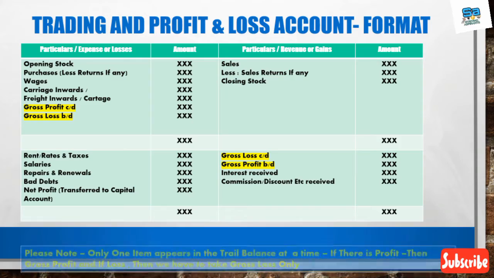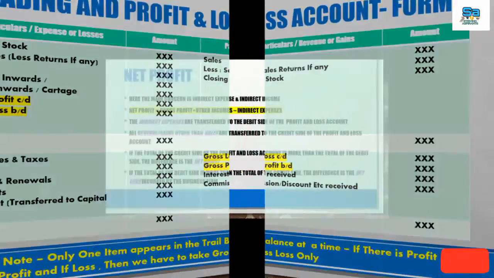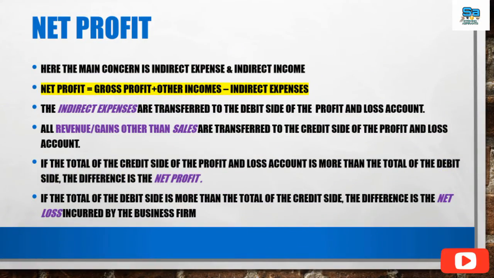Now when it comes to net profit, the important items we consider are the indirect expense, the indirect income and other incomes. In the profit and loss account, if the total of the credit side is more than the total of the debit side, that difference is called net profit.